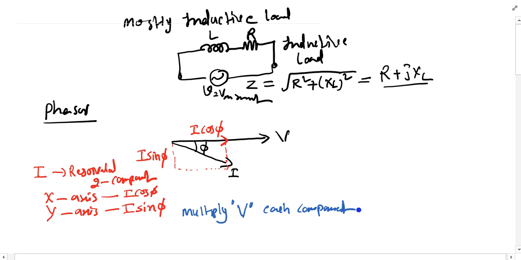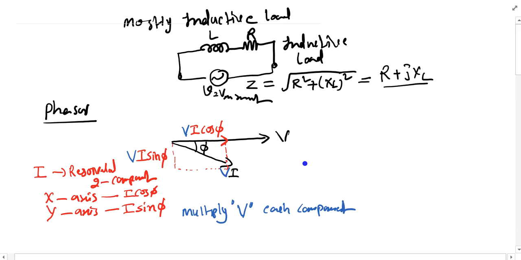This is V, this is V, and this is V. So this is my voltage multiplication applied to each component.